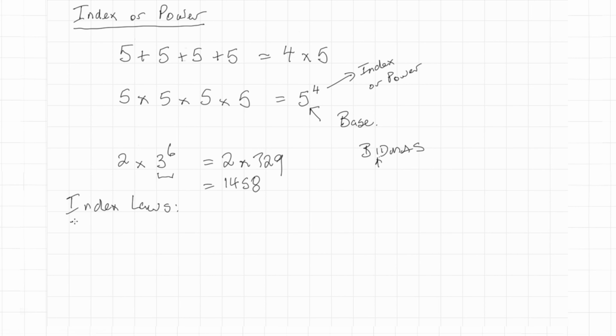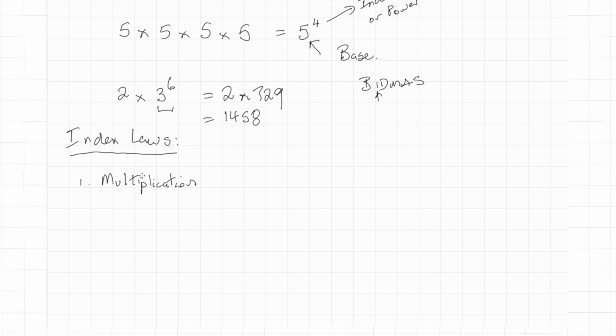So the first one is multiplication. And we're going to use some algebra here so that it applies to all scenarios. So if we've got a to the n times a to the m, now a, n and m are integers.